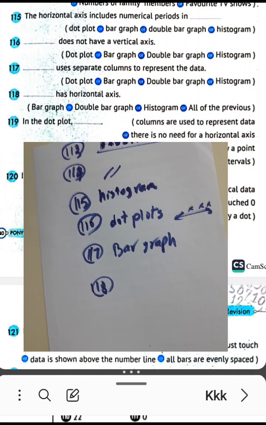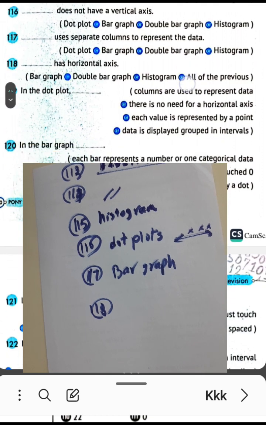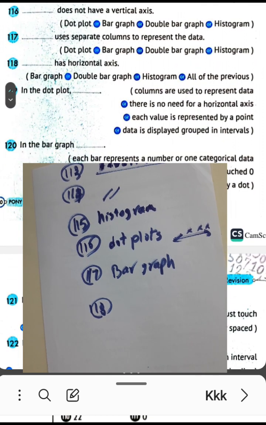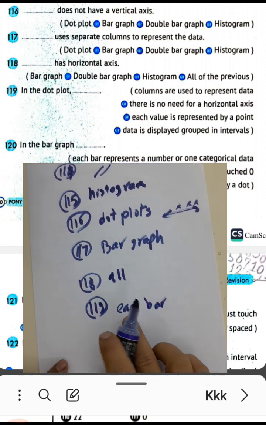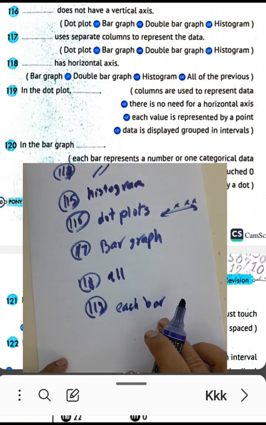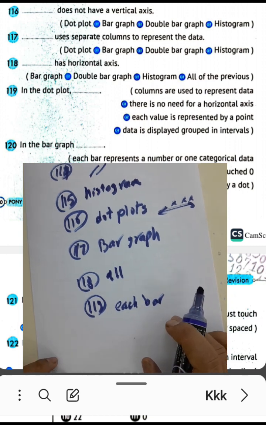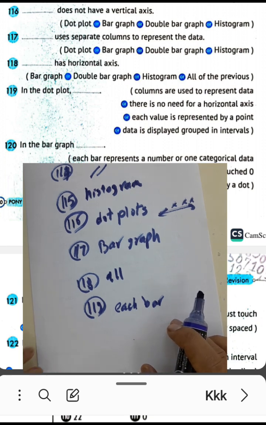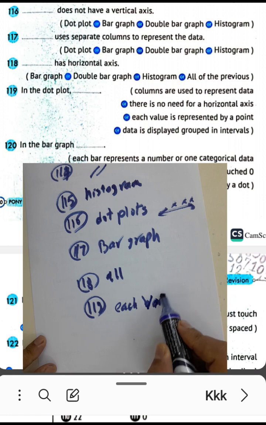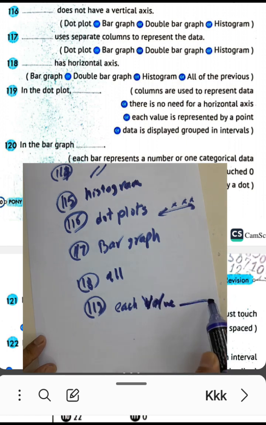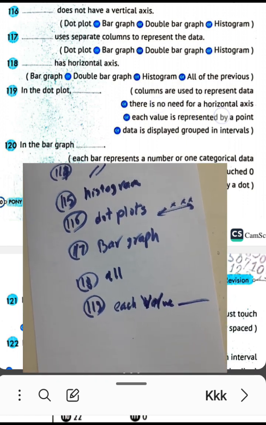Question 119, in the dot plot, each value is represented by a point. Choose this: each value is represented by a point in the dot plot.